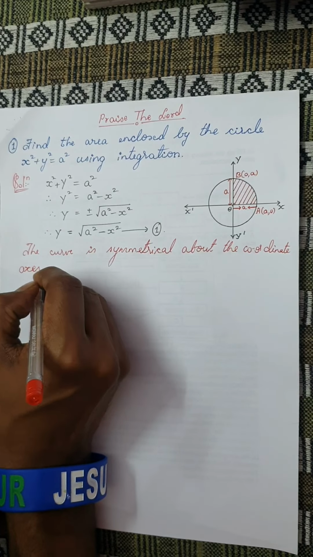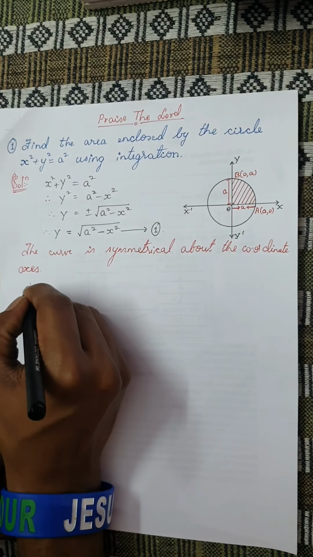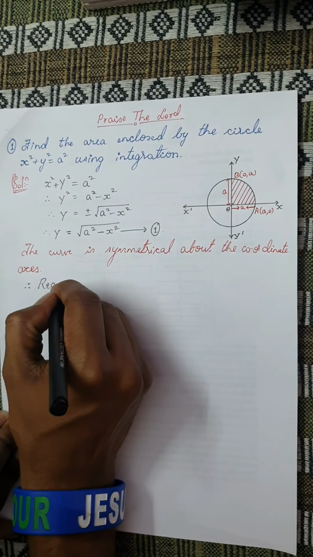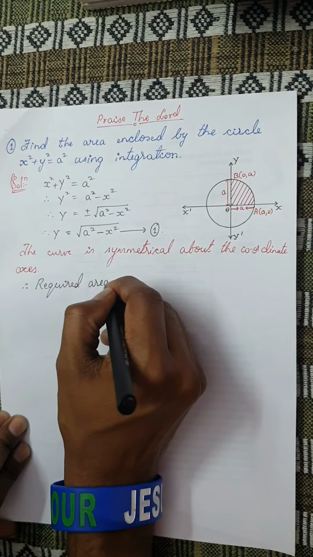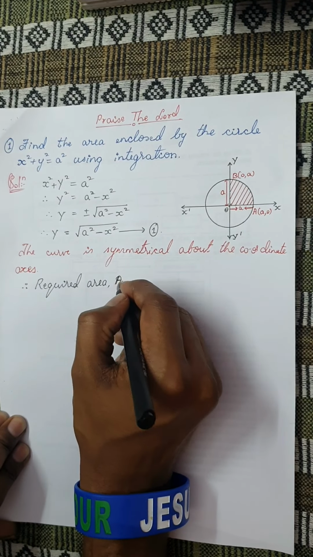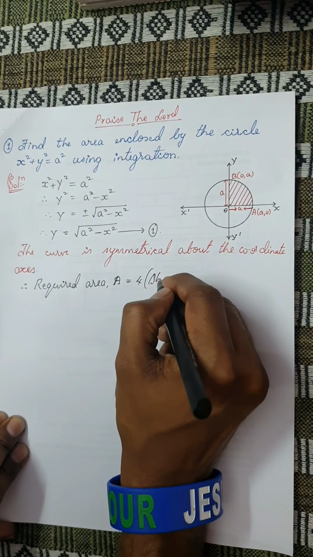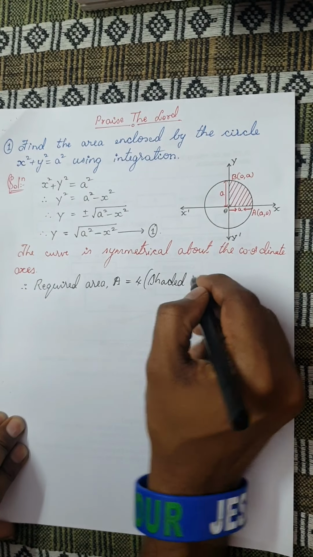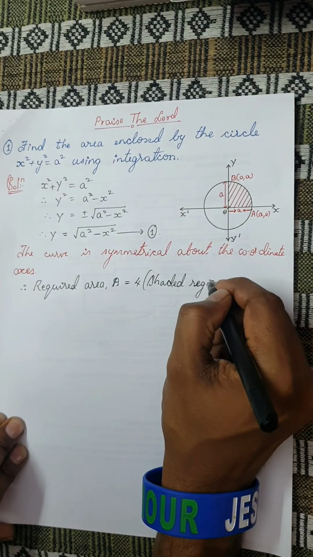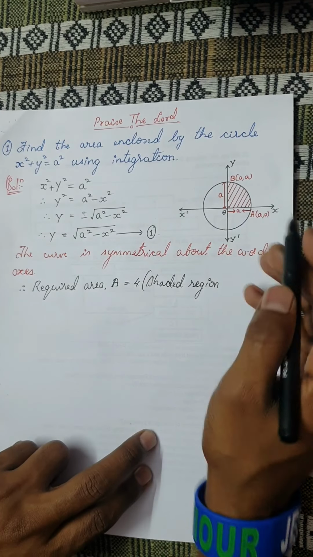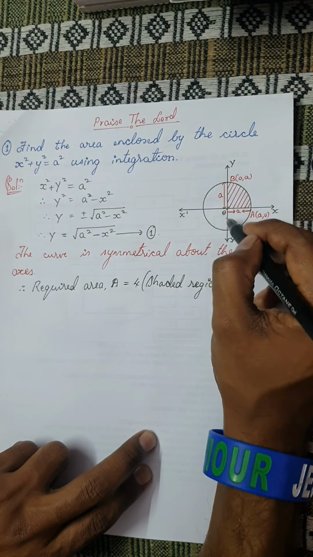Therefore, the required area A would be, as I told you, 4 times the shaded region. Remember, what is the shaded region? OABO.